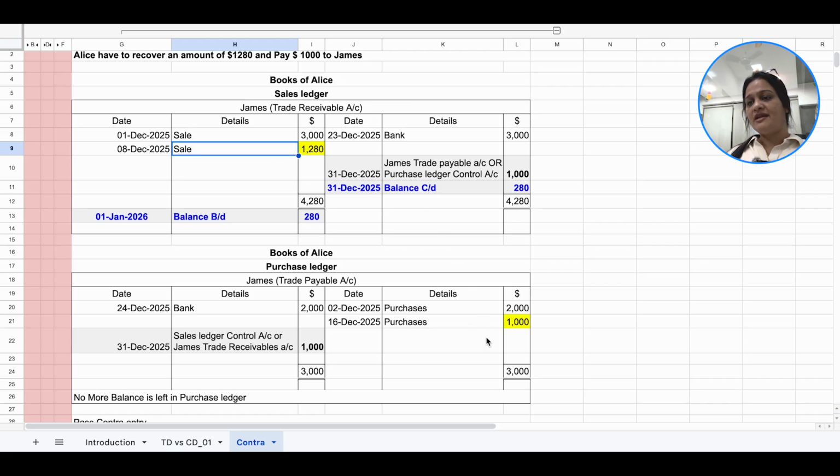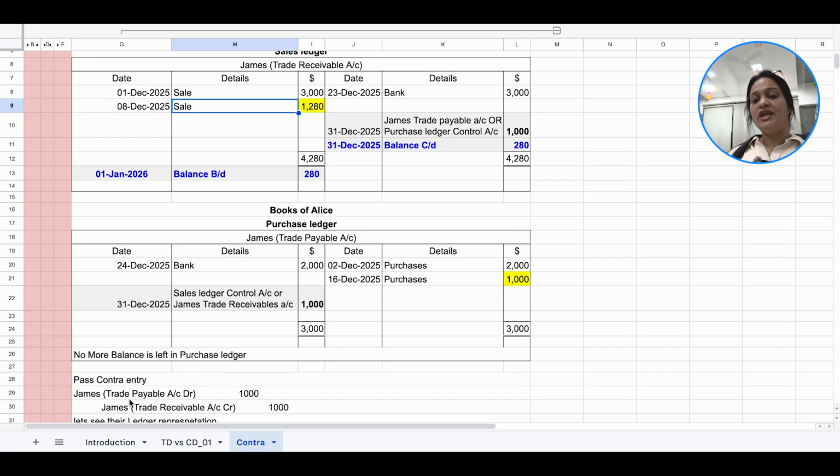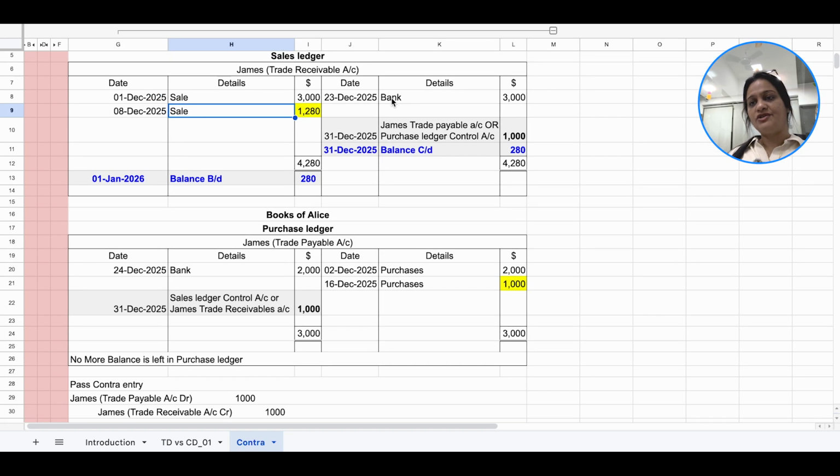Technically, now whichever side is lower, this side is lower. Why? Because this account will automatically get closed when you pass the entry on the debit side. And if you see, what is the entry that we are passing for the contra entry? We are passing James trade payable account debit, and here in the ledger account of trade payable, you will write sales ledger control account debit or James trade receivable account debit with 1000, and on the credit of the sales ledger James trade receivable account, you will write James trade payable account or purchase ledger control account by 1000.